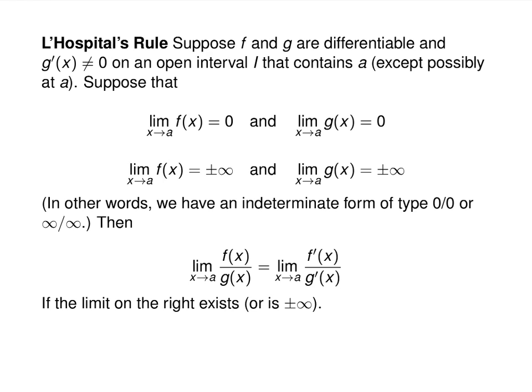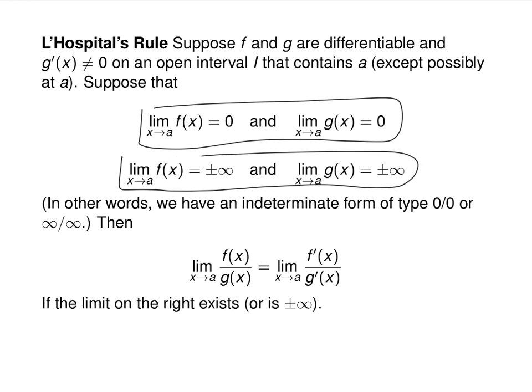Okay. So what this says is if you have a limit where either the limits of 2 functions go to 0 or the limits of 2 functions go to infinity, that is called indeterminate form 0 over 0 or infinity over infinity.